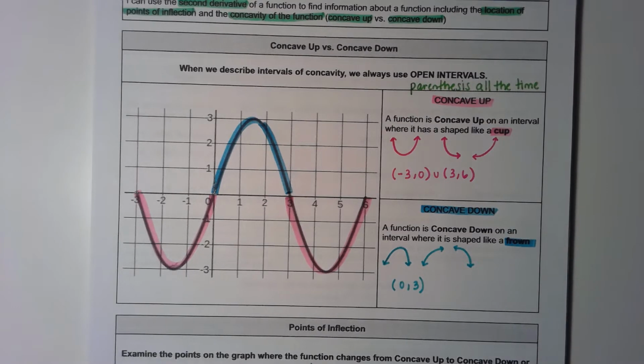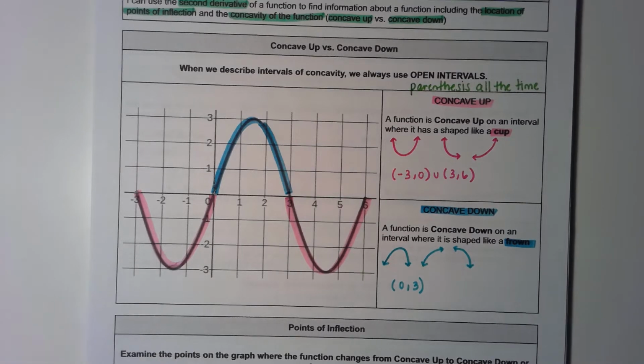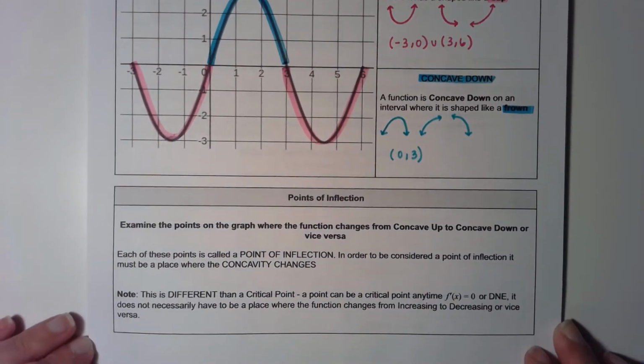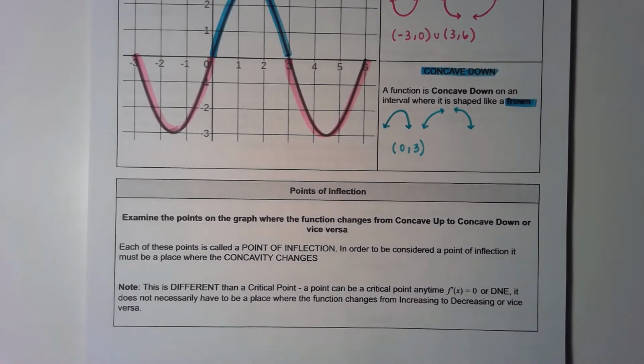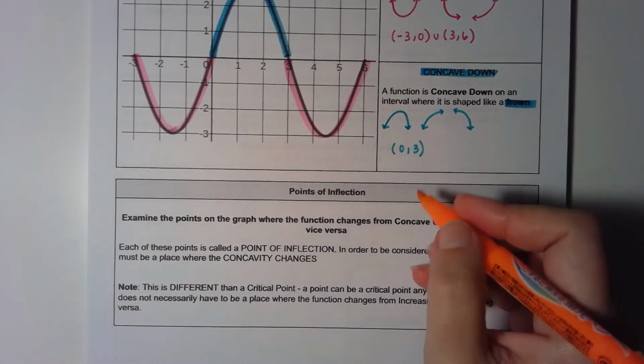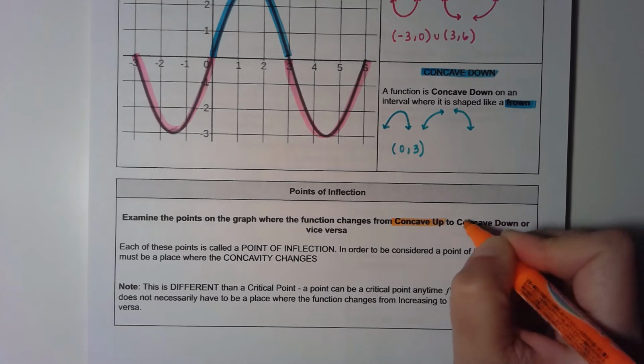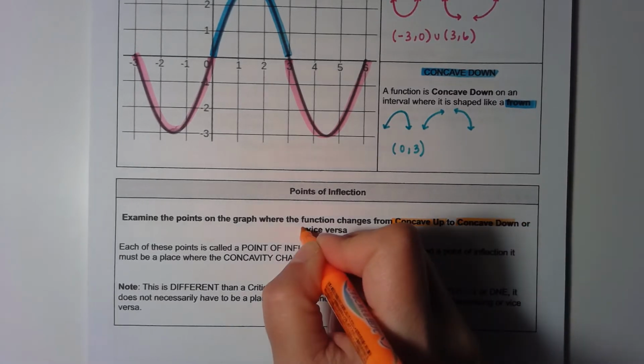Now we're going to add in a new vocabulary term because we have talked about concavity before, a new vocabulary term which is called points of inflection. A point of inflection is going to be a place on a graph where the graph changes from concave up to concave down or vice versa.